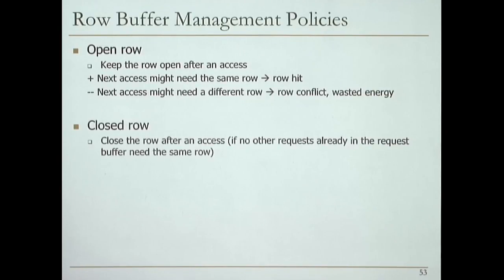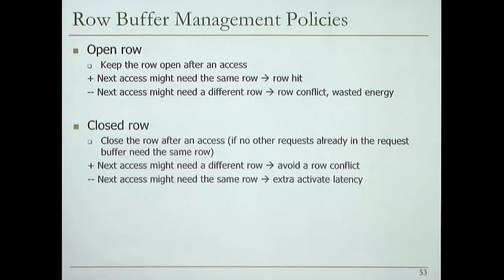The other opposite end is closed row. Whenever you activate a row, after you're done with the read, or after you're done with all of the reads that you can see in the memory request scheduling buffer, close the row automatically, basically if no requests are already in the request buffer that need the same row. Now, the good thing about this is if the next access needs a different row, you avoid a row conflict.